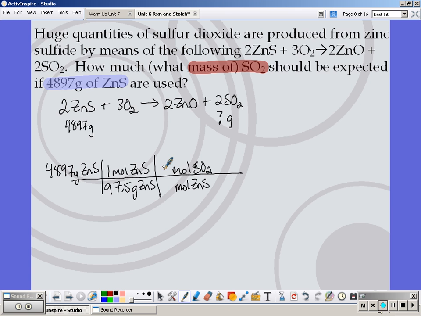Now I want grams, so now I'm going to say 1 mole of SO2 is 64.1 grams of SO2. And then I'm going to multiply and divide. Now we're starting with a number that's in the thousands, so we're going to end with a very large number as well. I need 4 significant figures, so 3,219 grams of SO2.